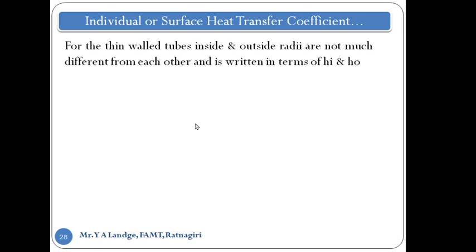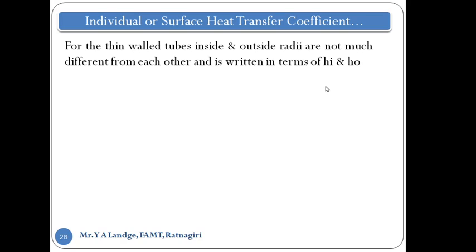After that, for thin wall tubes, the inside and outside radii are not much different from each other, and the equation is written in terms of Hi and Ho. In certain cases, if you compare the diameter of the pipe and the thickness is very small, we neglect that part, because the inside and outside radius is almost the same.